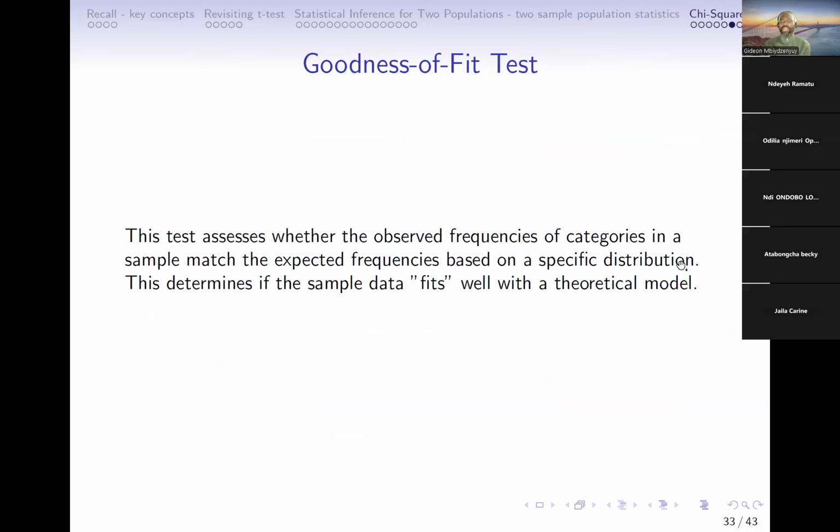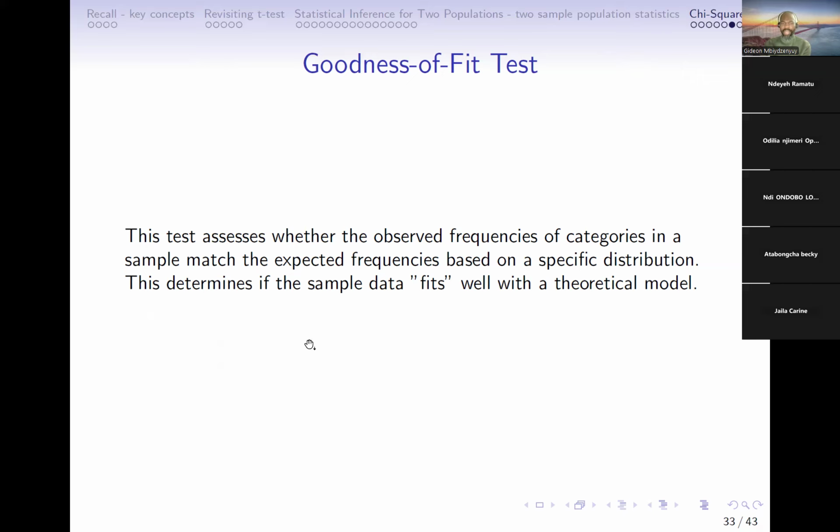The specific distribution here is the assumption we made about the population, that all the colors were equally likely. We are testing how far away the observed frequencies of the categories in the sample are from our expected distribution.